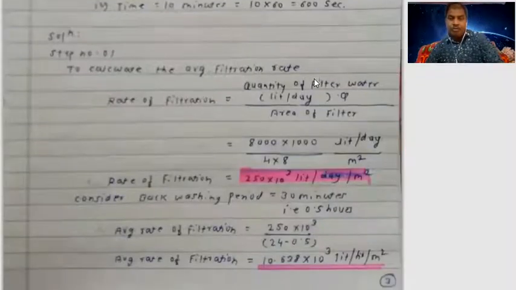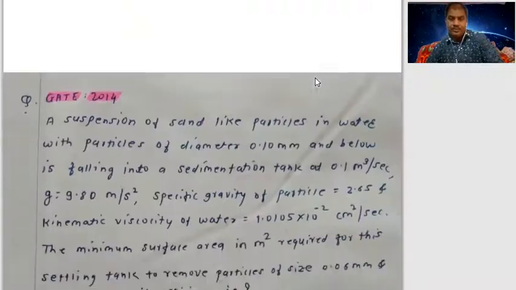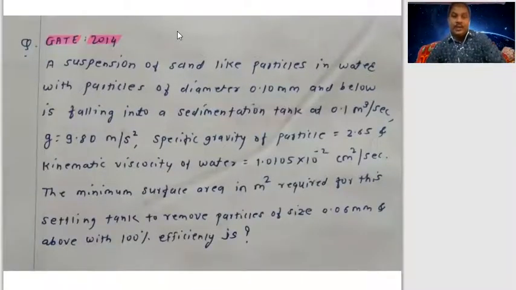Okay, then the second problem. This problem may be asked in GATE 2014. A suspension of sand-like particles in water, with particle diameter 0.1 mm and below, is falling into the sedimentation tank at 0.1 meter cube per second, and acceleration due to gravity is 9.8 meters per square second.